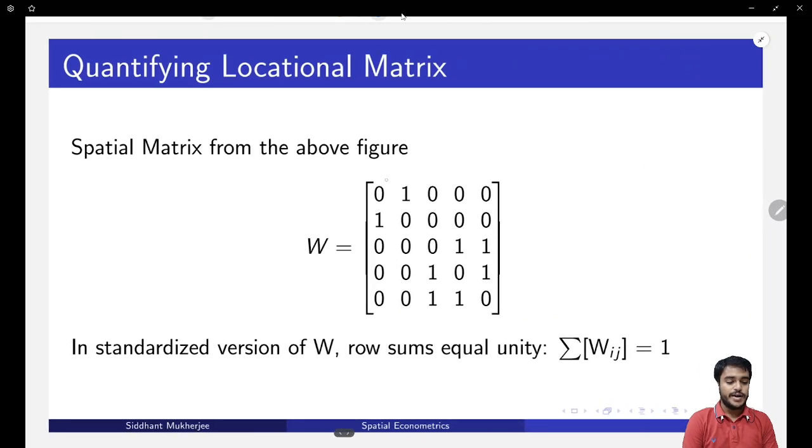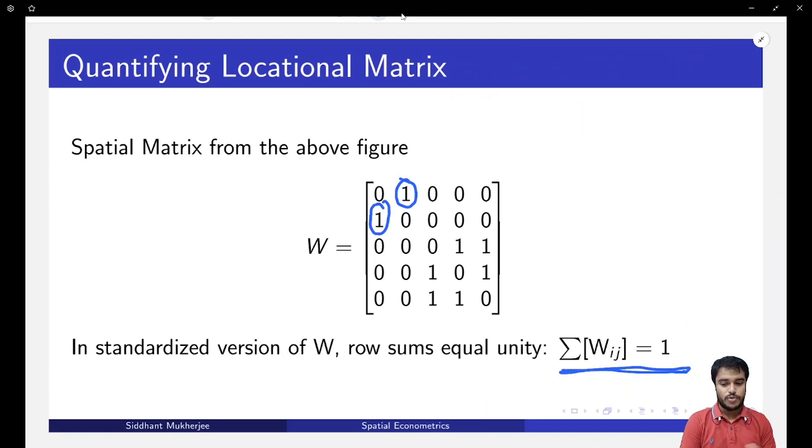So 1 shares a boundary with 2, it is 1, others 0. 2 shares a boundary with 1, it is 1, and others are 0. In the standardized version of W, the sum of wij equals 1.